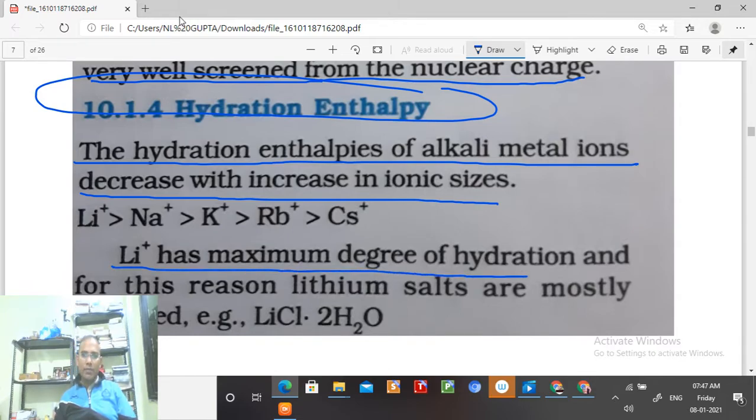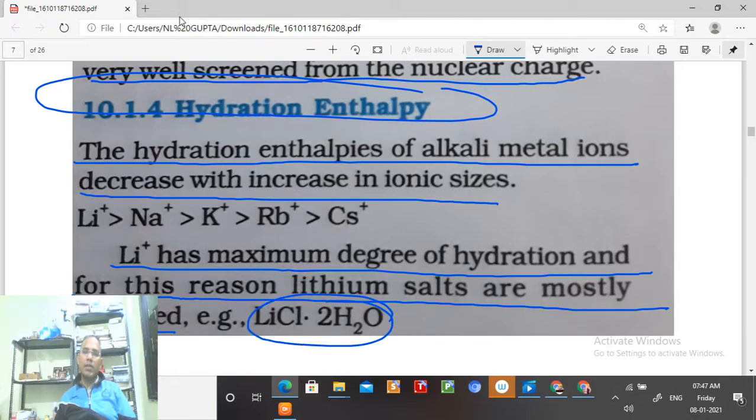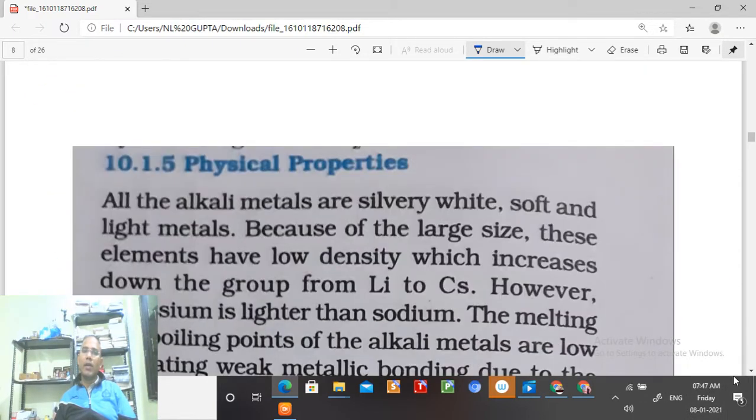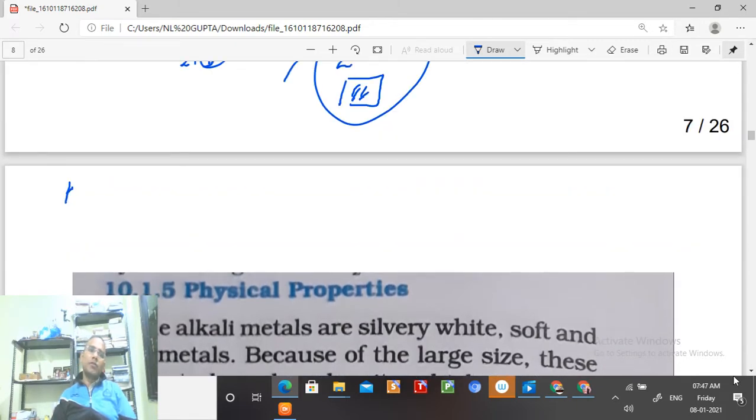Lithium has the maximum degree of hydration, and for this reason lithium salts are mostly hydrated, like LiCl.2H2O. Why, student? Because they have high hydration enthalpy. So dear student, if you talk about hydration enthalpy, let us explain one point.